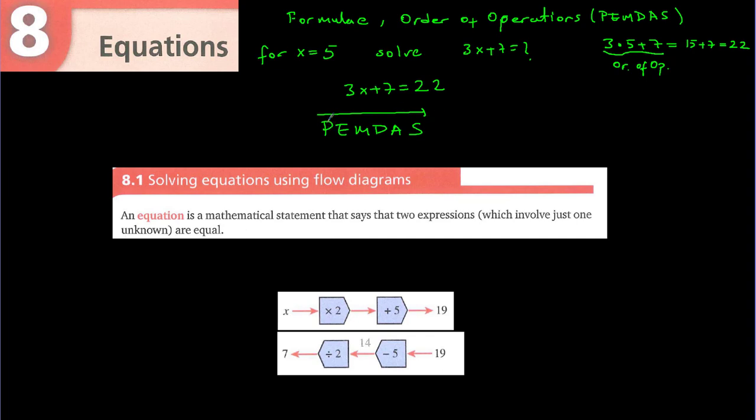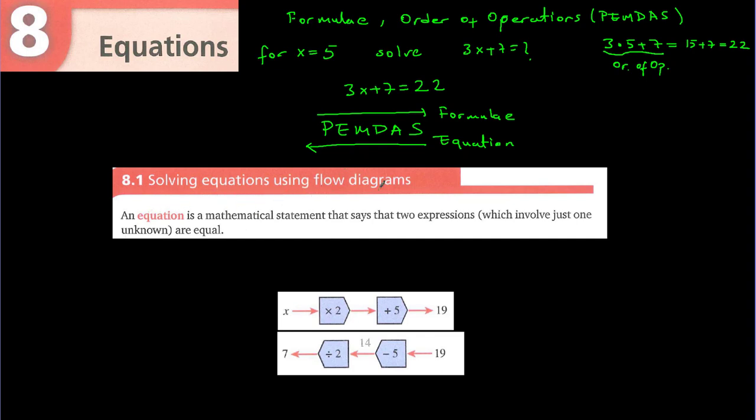So with respect to order, first the parentheses, exponents, multiplication, division, addition and subtraction in formula. But in equation, we are doing the opposite. And these flow diagrams explain that very well. That's why we are going to continue with that one.